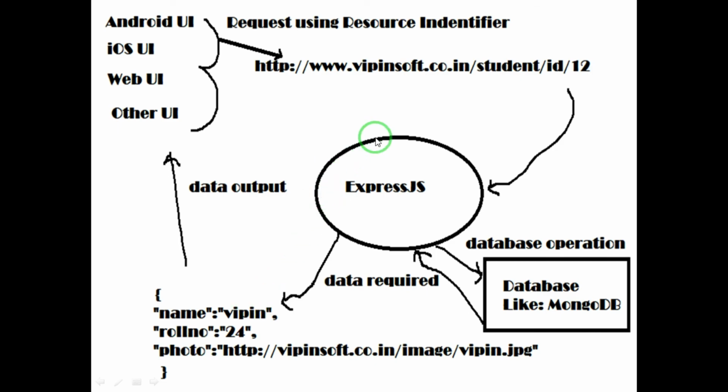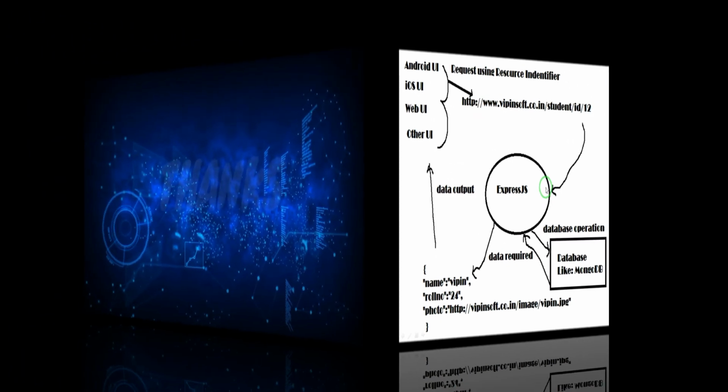So in this type of process, we make a resource identifier, make a request to the server, fetch data from the database, and give the output in JSON format. Remember that in a RESTful API, data is always presented as output in JSON format, and the client always makes the request in terms of a resource identifier. This whole process is called a RESTful API.